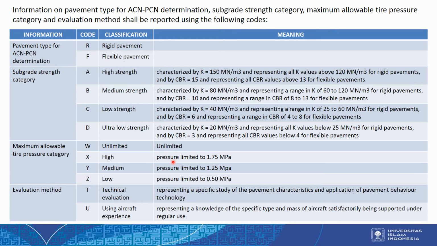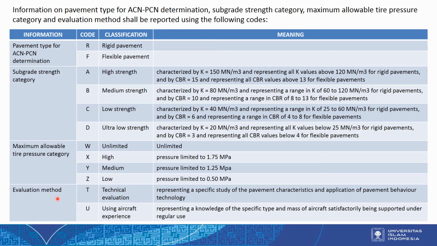The X stands for high, with the tire pressure limited to 1.75 MPa. The code Y stands for medium, with the tire pressure limited to 1.25 MPa. And the code Z stands for the low tire pressure category, with the tire pressure limited to 0.5 MPa.